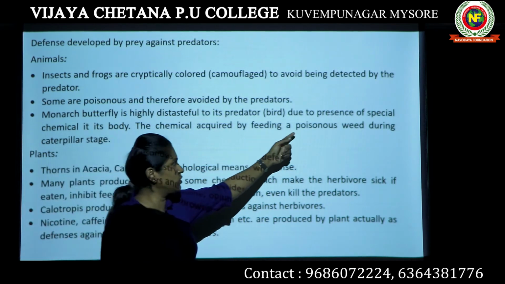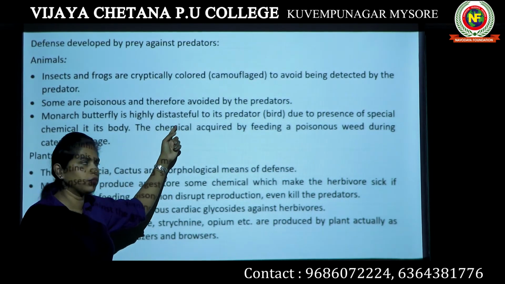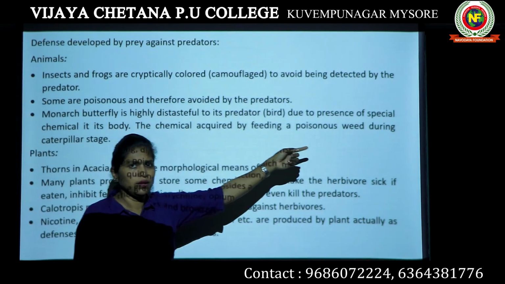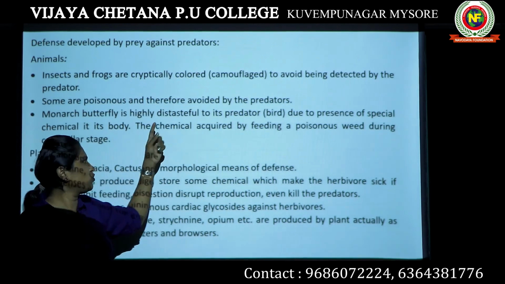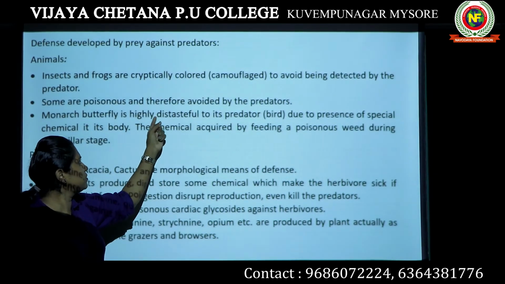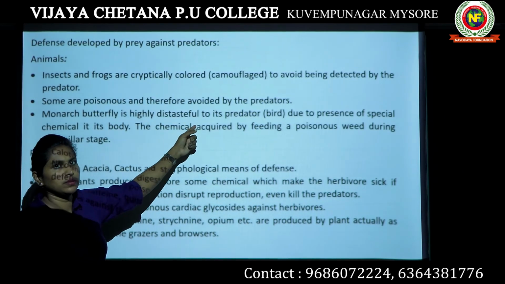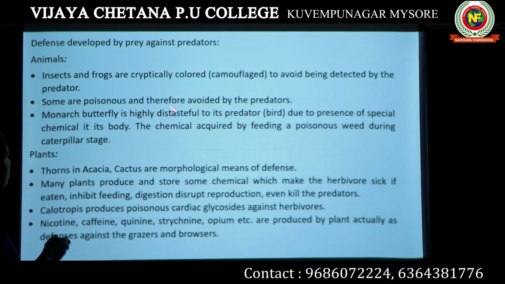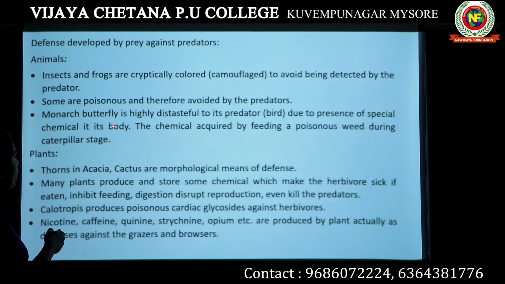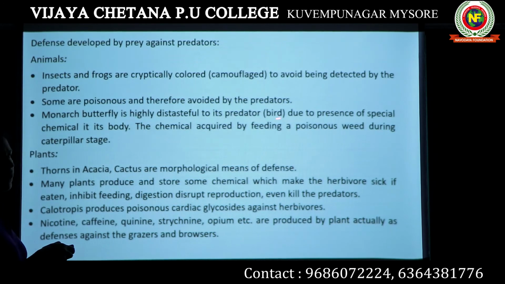Because of the chemical acquired from this poisonous weed, their body is distasteful. So this is a type of defense developed by the prey, the monarch butterfly, against its predator.